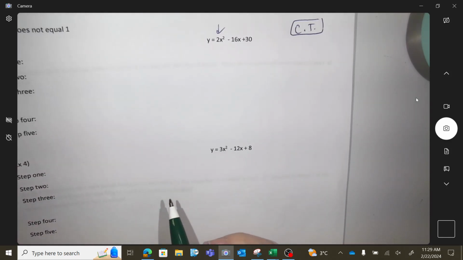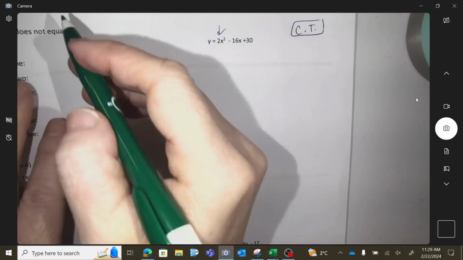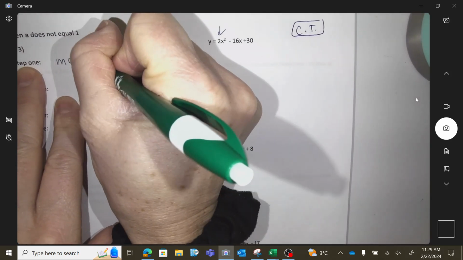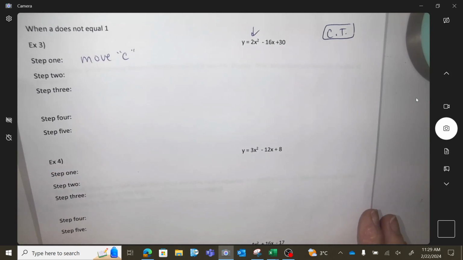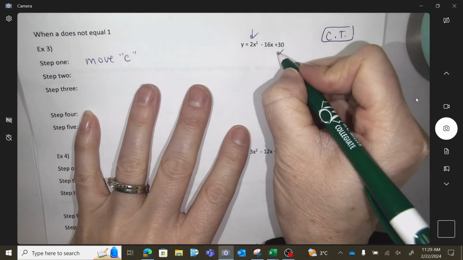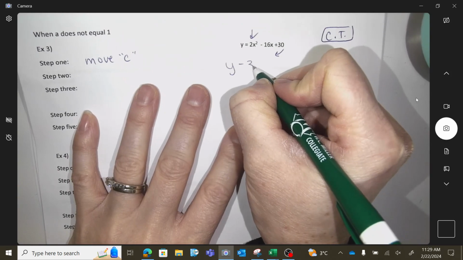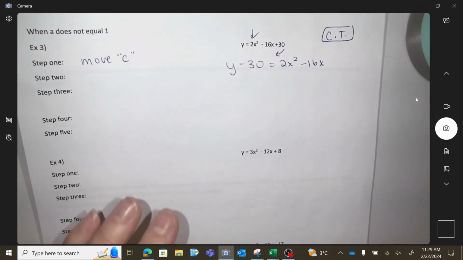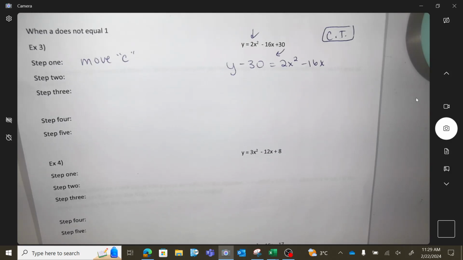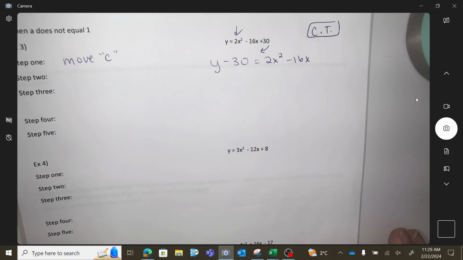So we're going to rearrange stuff. Step 1, I'm going to write this again because there's a little bit different. Step 1 is move the c, so that's the same. Okay, here's where the mistakes happen.